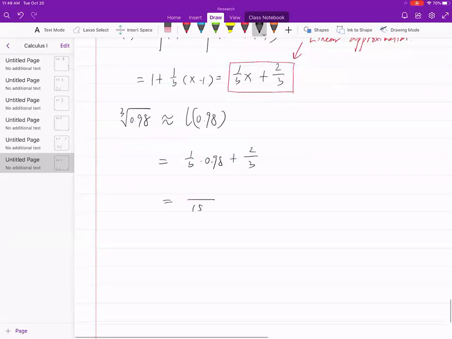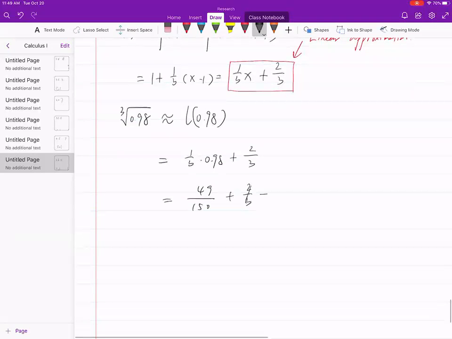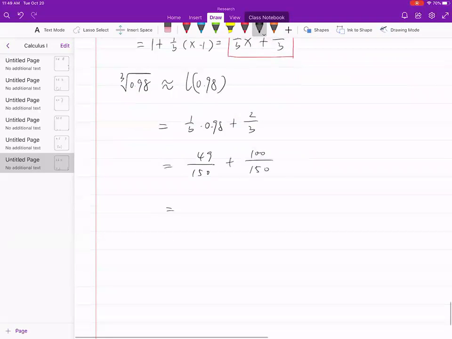I guess there's no way to simplify. That's my approximation.